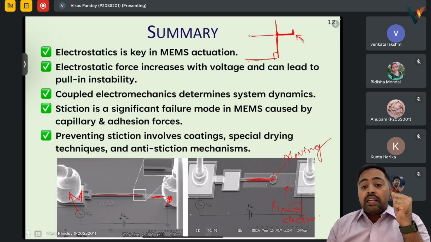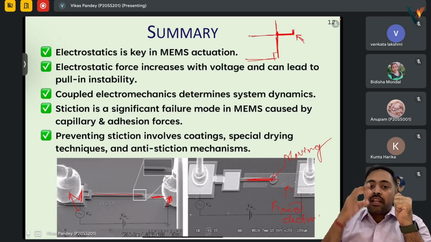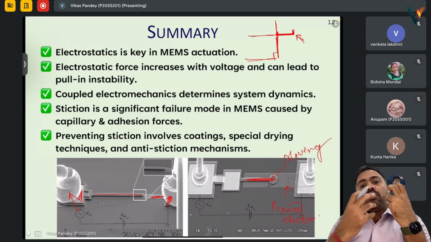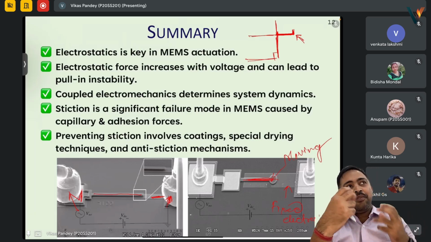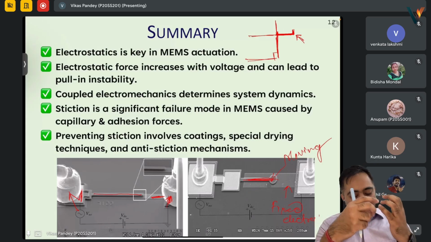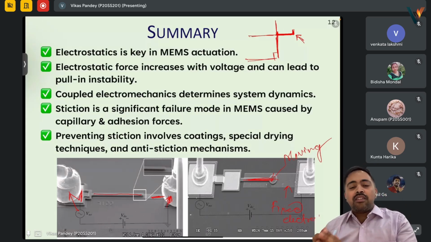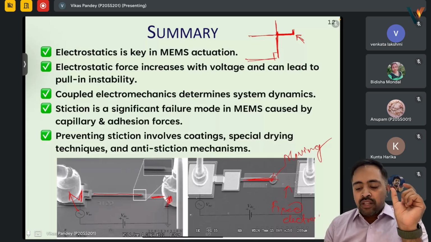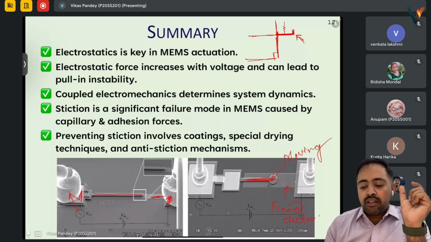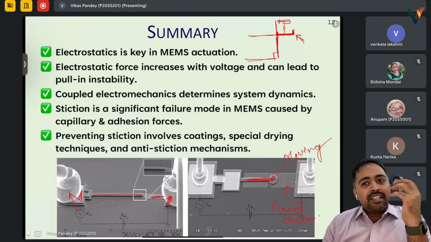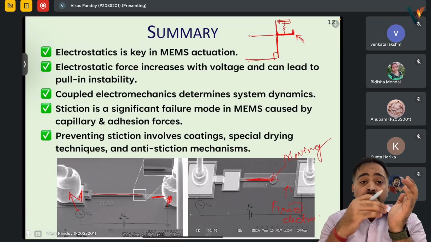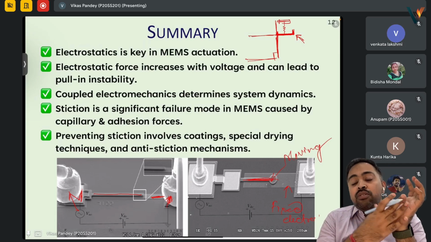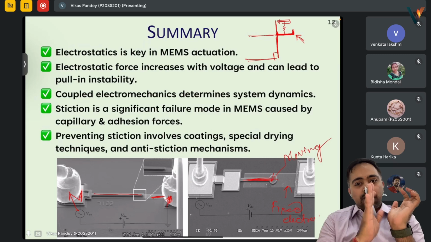For our studying purpose, we can make its equivalent structure as if it is being held by a spring above. But there is no spring. It is the mechanical property that we represent by the spring constant.